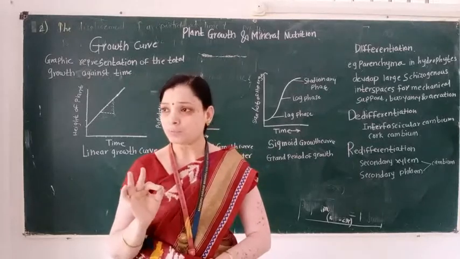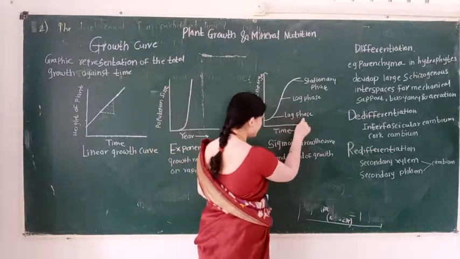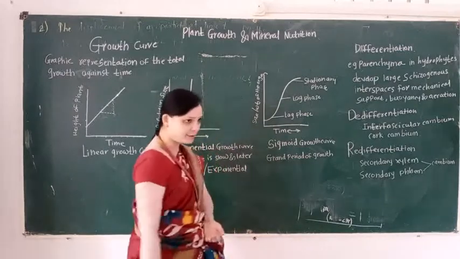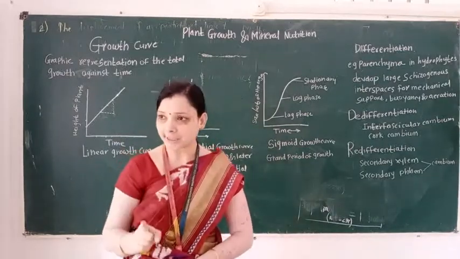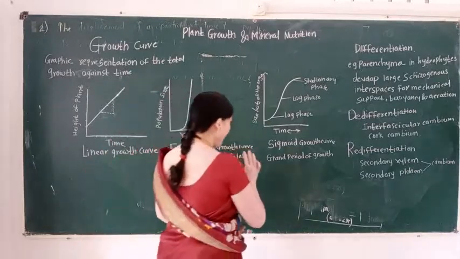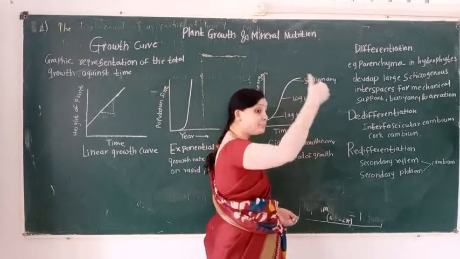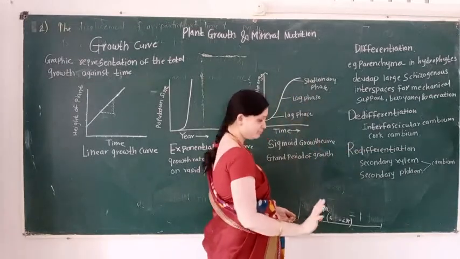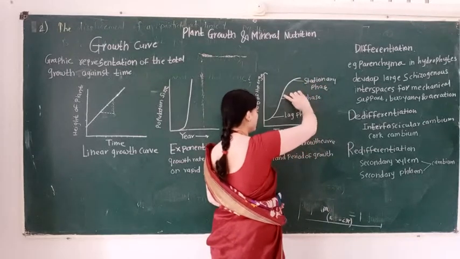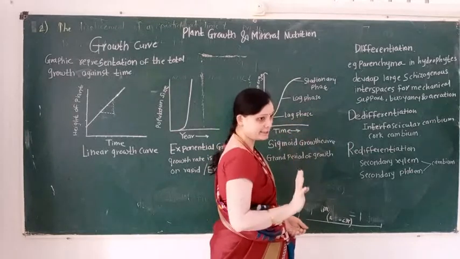In this type of growth curve, first in the lag phase, growth rate is very slow. Then in the log phase, the growth rate increases rapidly. And then in the stationary phase, growth rate slows down and becomes steady.